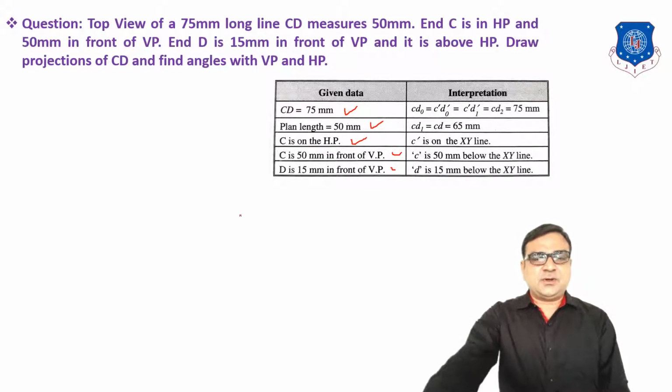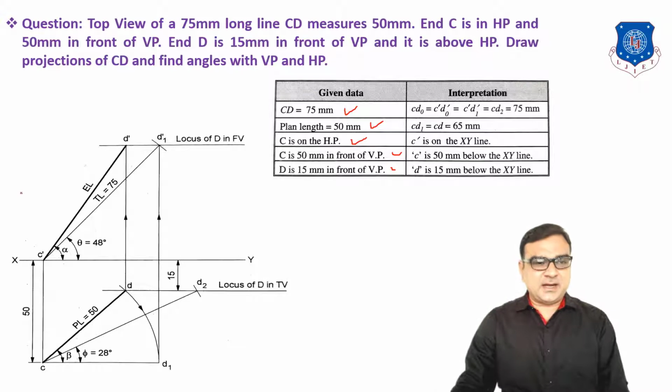So first of all, you have to draw an XY line. Then use the location of C. C is on HP and 50 mm in front of VP. So our front view of C is on XY, C dash, and the top view small c is 50 mm from XY.